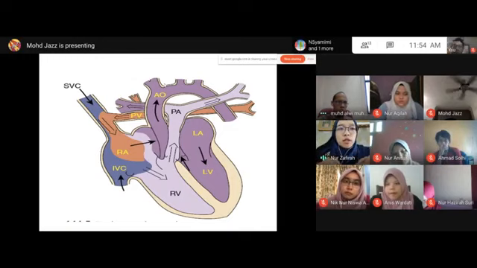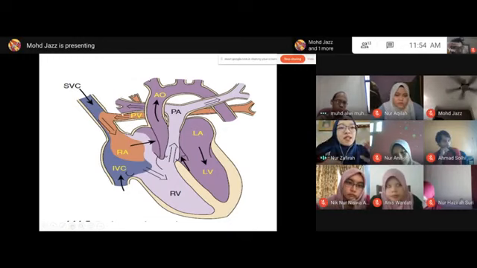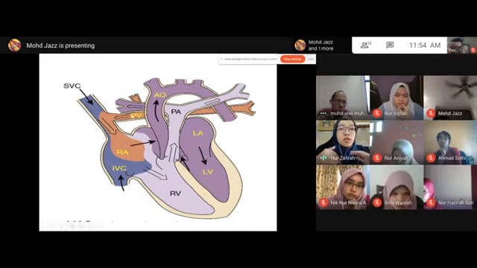However, in this patient with total anomalous pulmonary venous return, the pulmonary vein is not connected to the left atrium. It is connected either supracardiac or infracardiac. This picture is about the supracardiac, because supracardiac is more common compared to infracardiac.